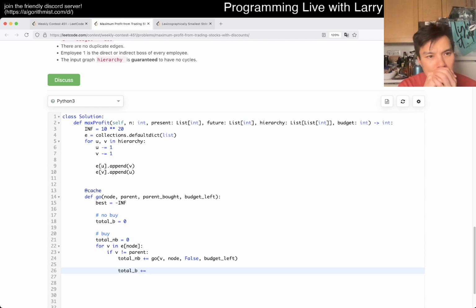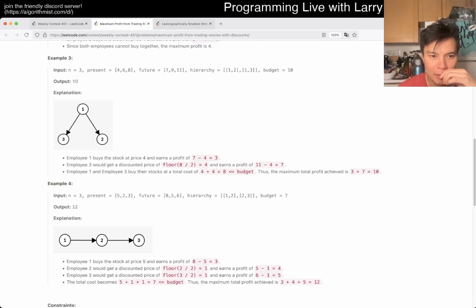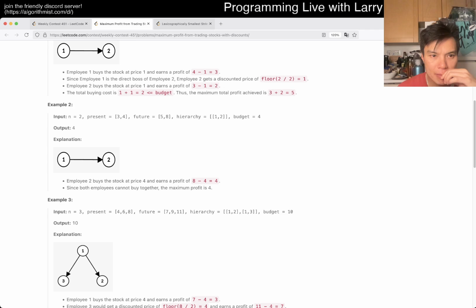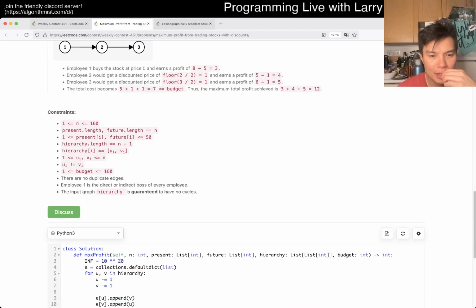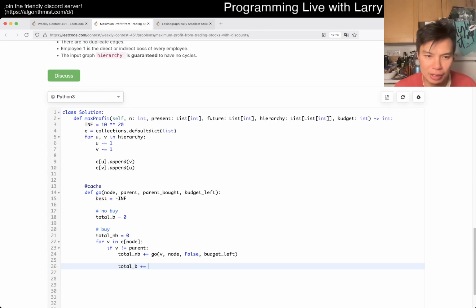Oh, that is tricky, isn't it? But the thing is, you can't pass in budget like this. I see, I see. You can't pass in budget like this because your left branch and your right branch might both use. So what you want is actually just give them a budget left.